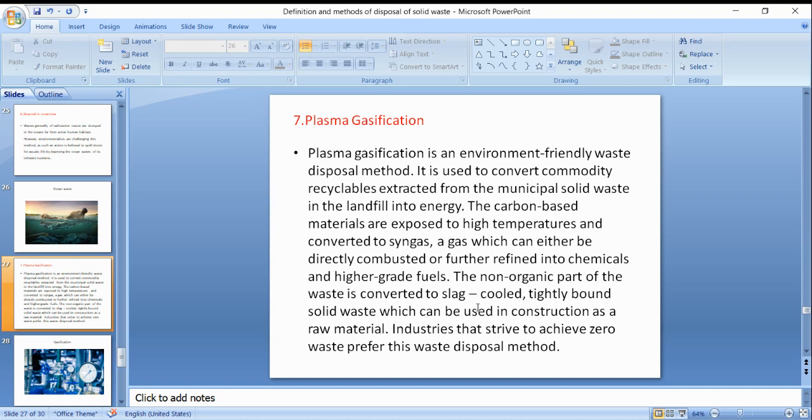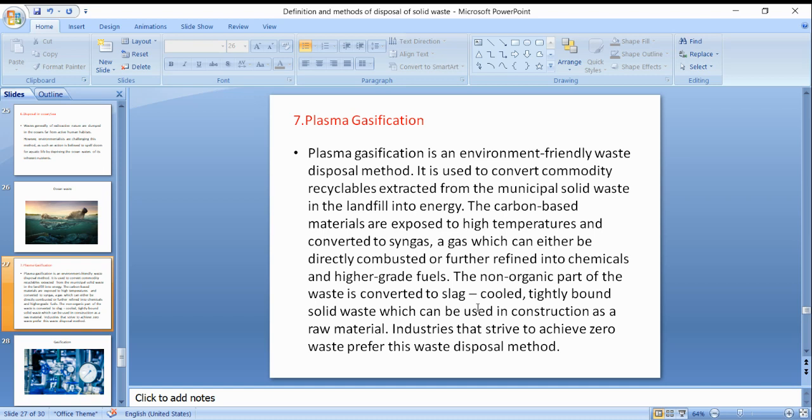The syngas can be directly combusted or used as a chemical. The non-organic matter is cooled after gasification in the machine, and it can be used in construction as a raw material.